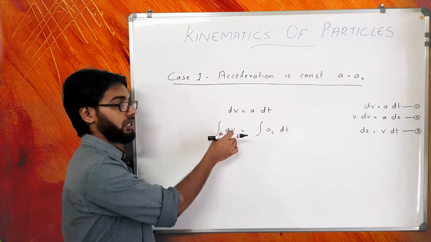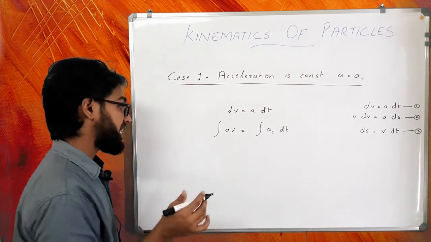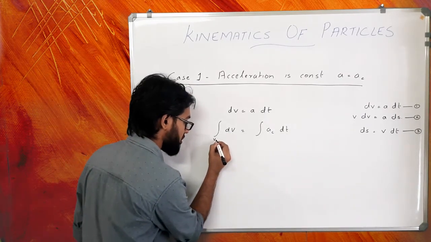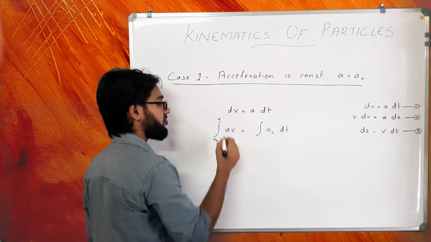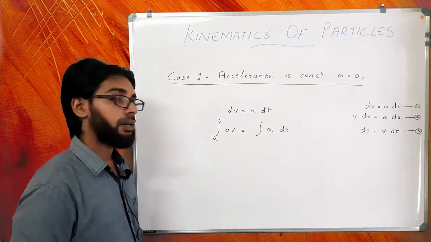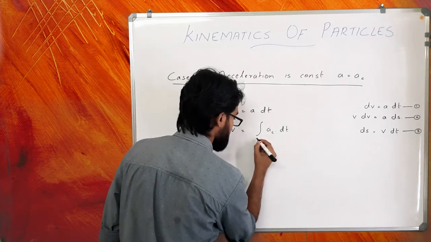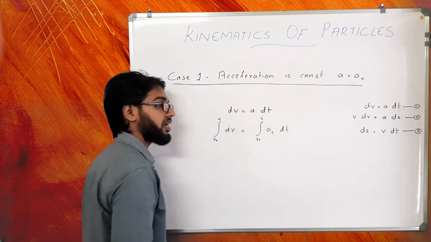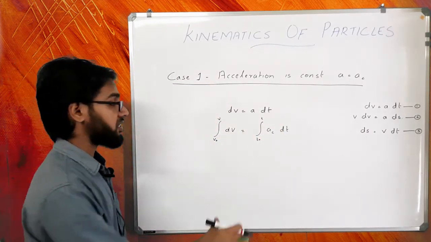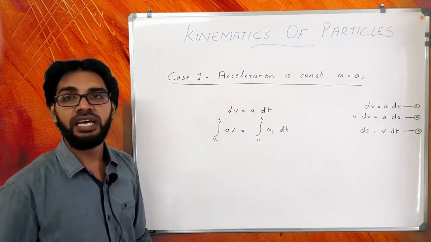Now, if I assume my initial velocity is v0 and the final velocity is v, and my initial time is t0 and my final time is t, this is the corresponding equation which we will get.